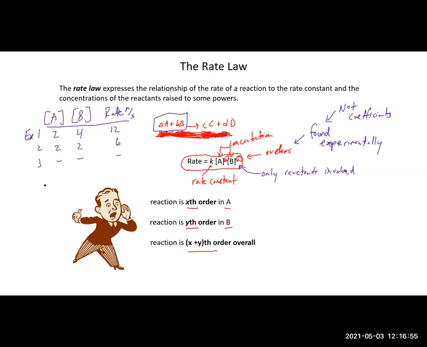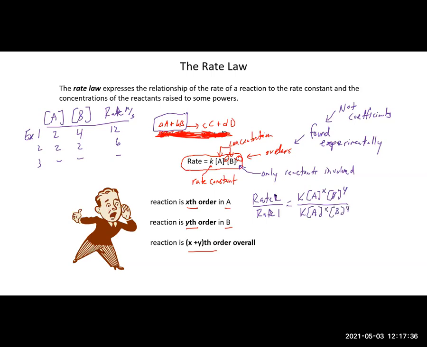But if we were to look at a table like this, mathematically speaking, the best way to do it is to use an equation such as this, which is rate 2 divided by rate 1 equals k times A to the x, B to the y, divided by k times A to the x and B to the y.